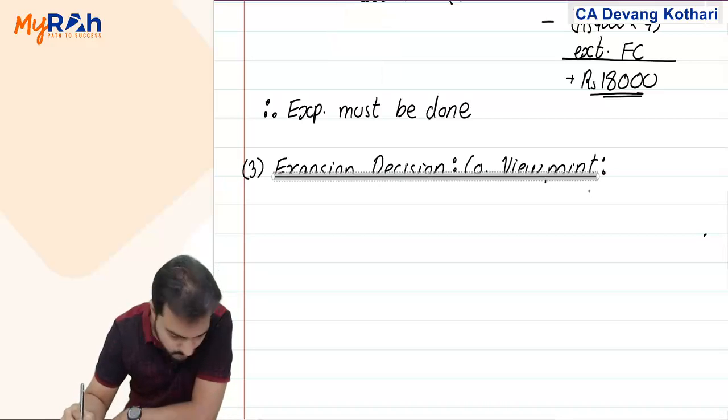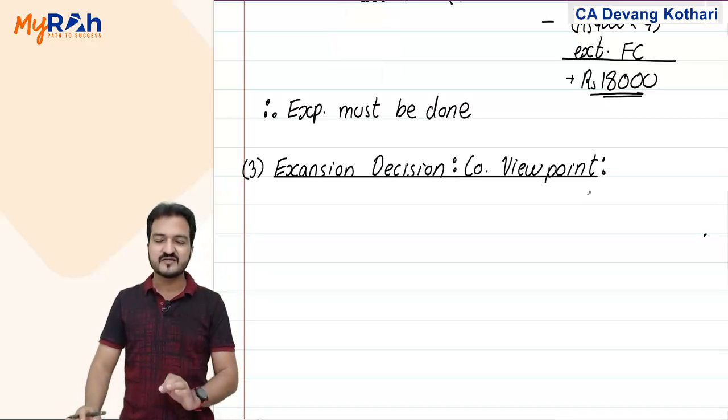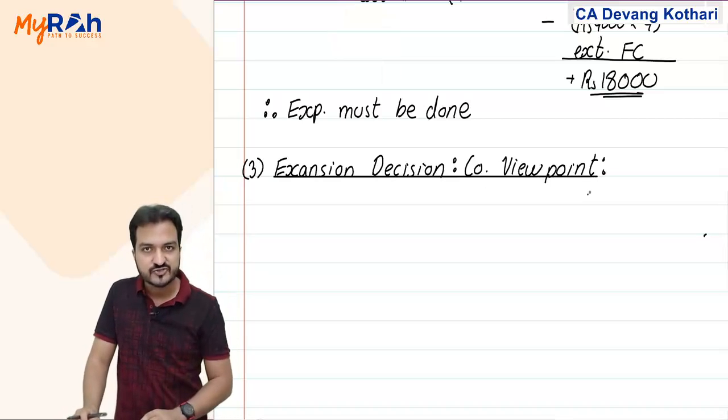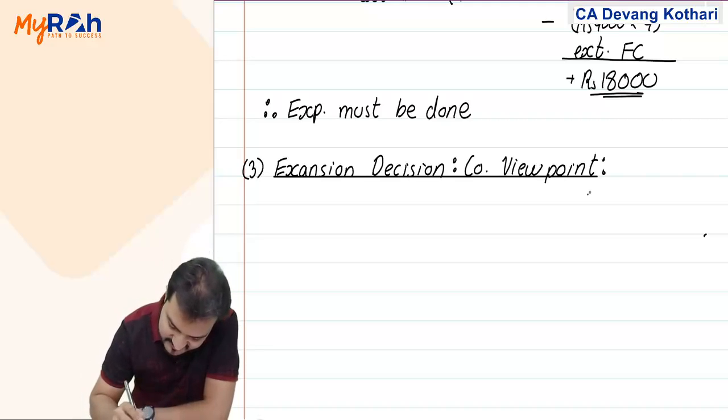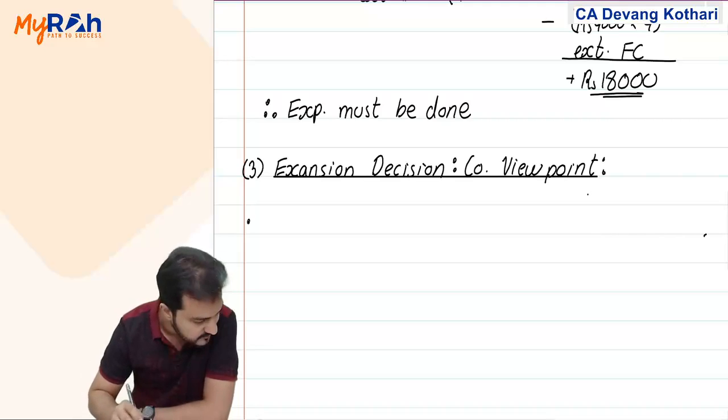From the company viewpoint, imagine that if X and Y both will do expansion, then what happens?